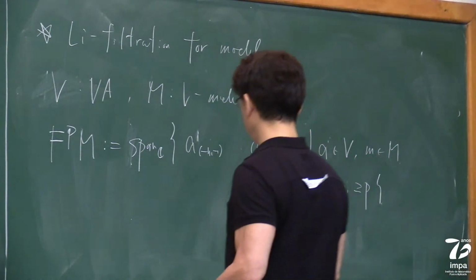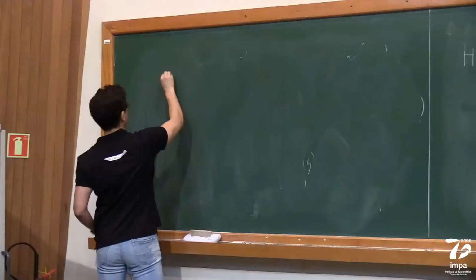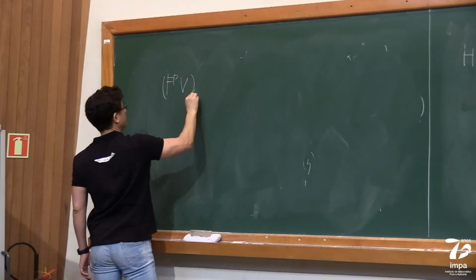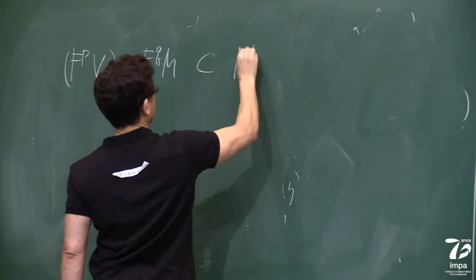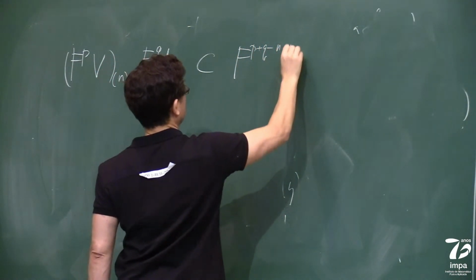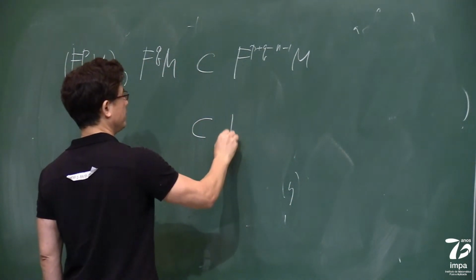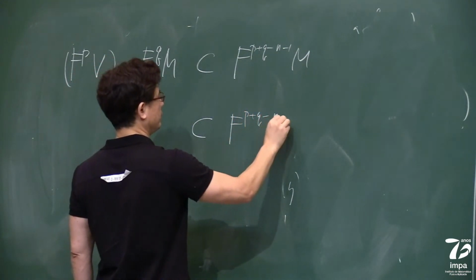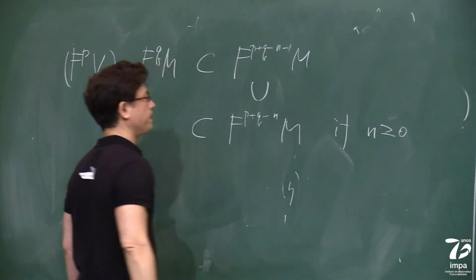Then you find that the same properties that the filtration has hold here. The multiplication of F_p V by the n-th product with F_q M is in F_{p+q-n-1} M for all n, and in fact this is inside F_{p+q-n}, which is contained here if n is non-negative.